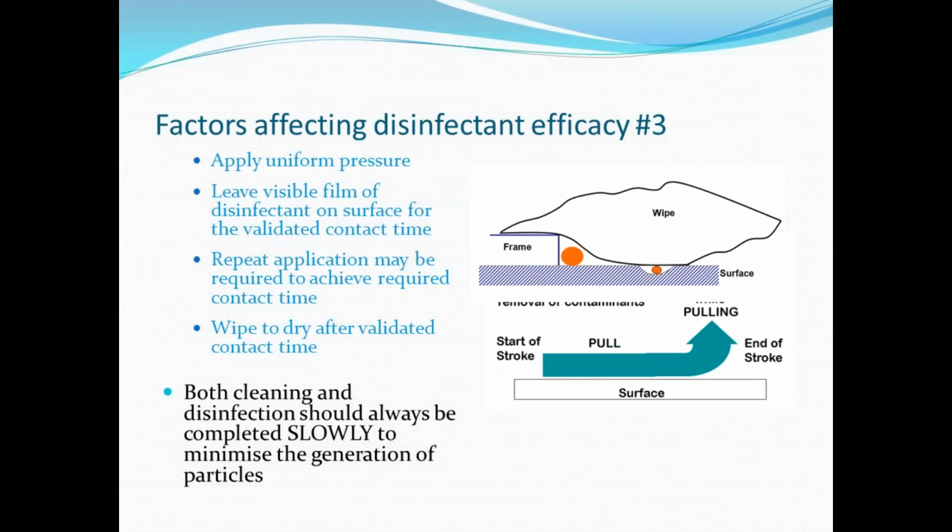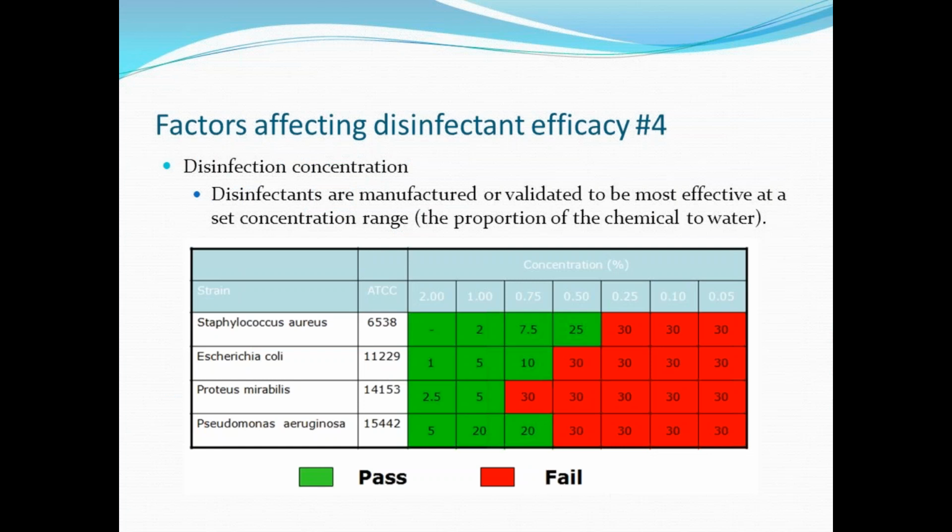There are other things that can affect disinfectant efficacy. So we have different concentrations and different organisms. And this chart was kindly provided by Rachel Blount, and it shows very clearly how the concentration will vary according to different types of disinfectants and how different microorganisms survive with the effect of different concentrations.